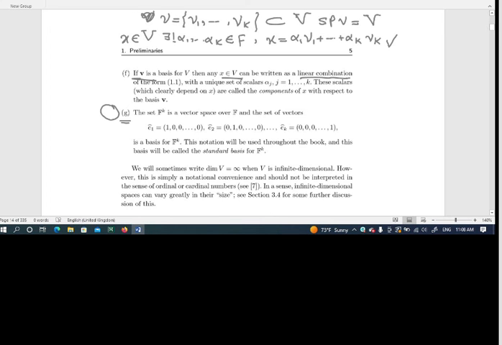This is a finite combination of V1 to Vk.